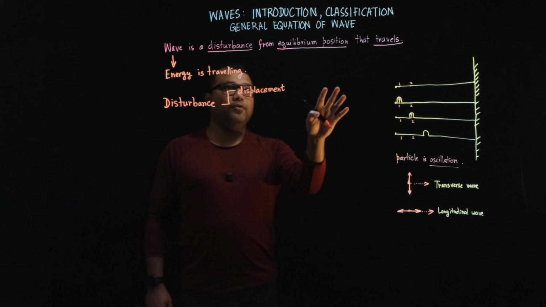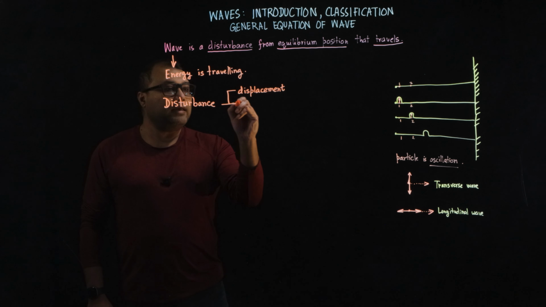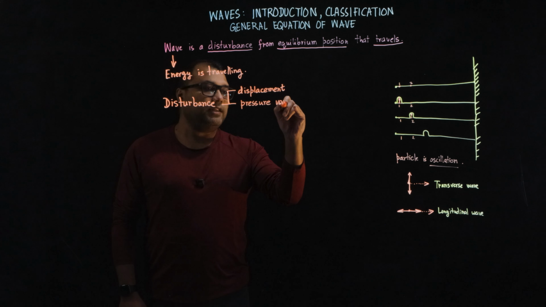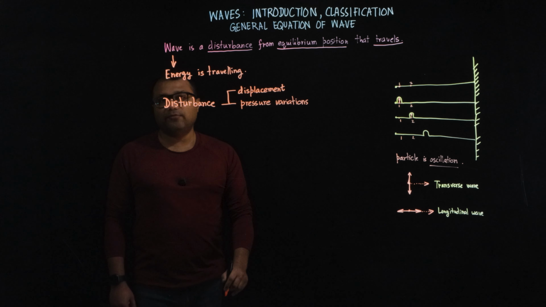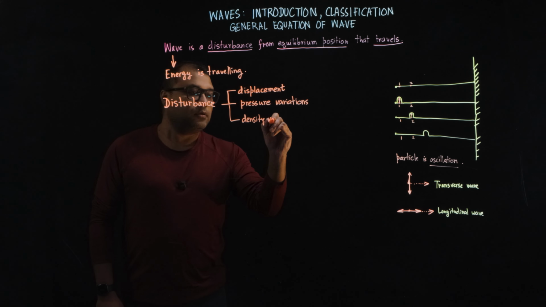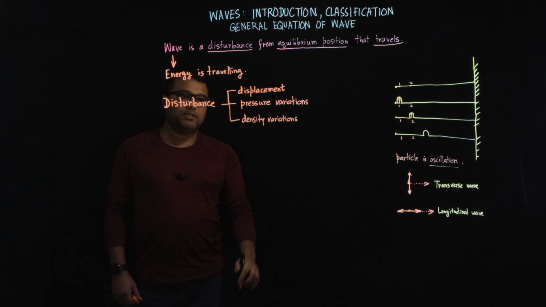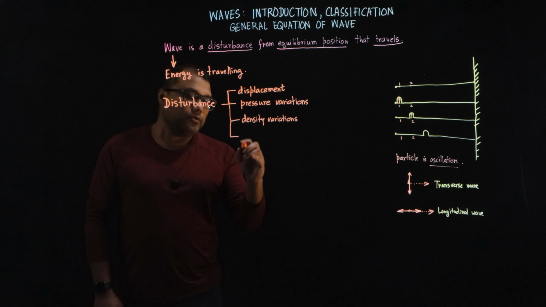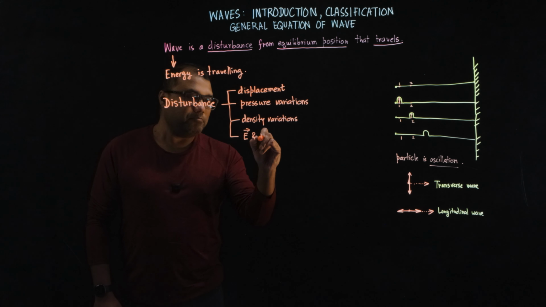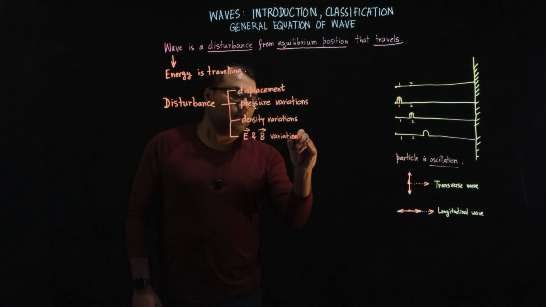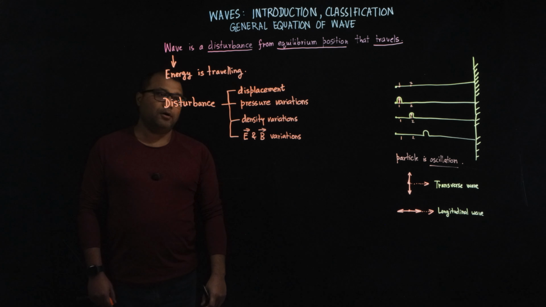So displacement from equilibrium position, or it can be pressure differences or pressure variations, like in the example of sound waves, or it could be density variations, which could again be in sound waves or even waves in water, or it could also be disturbances of electric field and magnetic field variations in the case of electromagnetic waves or light waves.